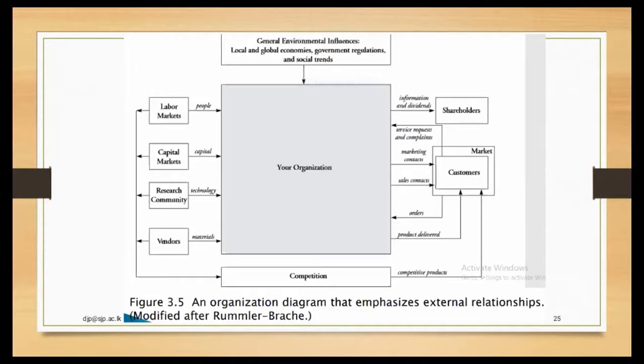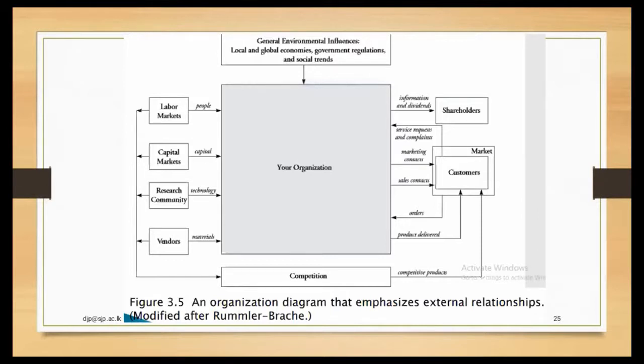So input comes from the labor market, capital market, research community, and the vendors. Within your organization, you organize your production process in such a manner. It may be the production of a good or offering a service line. There may be many different value-adding activities within your organization, from raw material to the finished product.